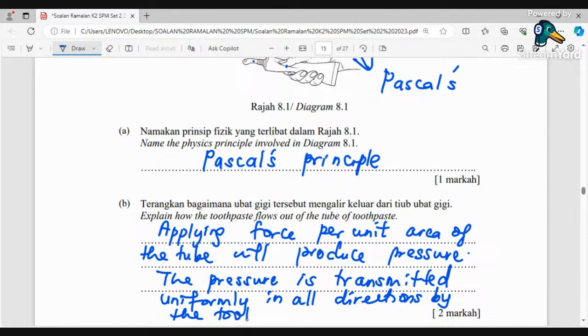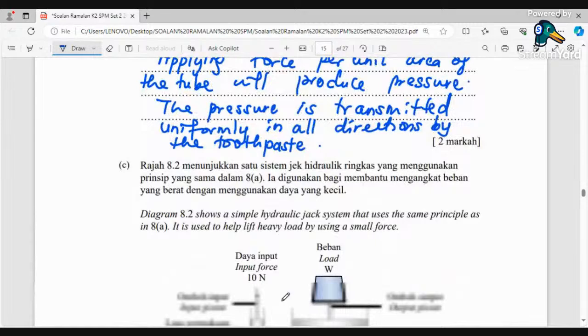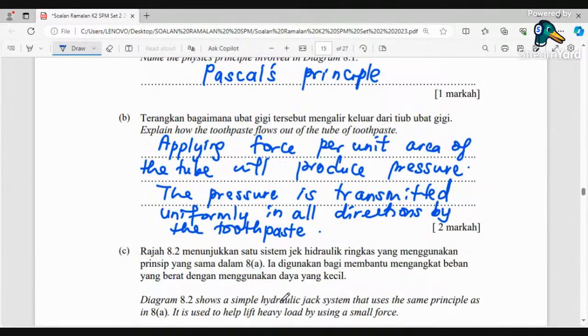As we know that the toothpaste is a very thick liquid and still in liquid form. So it means it is able to transfer the pressure from the pressing point to here so that the toothpaste will come out. Okay. Yeah. Jadi konsep tu kena faham lah.